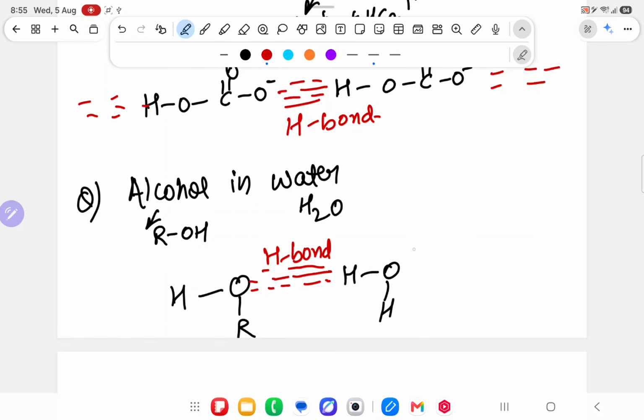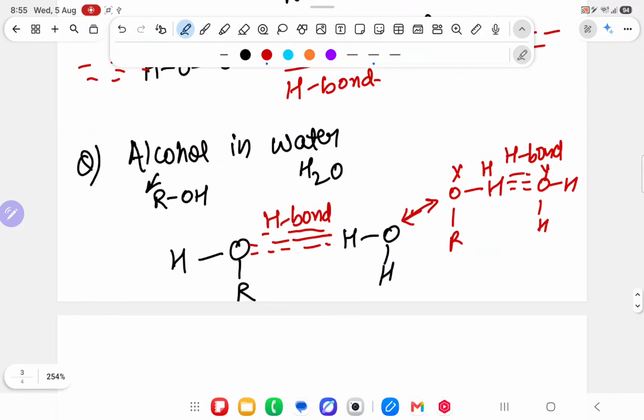This oxygen, anyone will say, sir, I want to draw like this. Draw it. H, this side you will put OR, and for water, O, this side you will put HH. This is also hydrogen bond. Rule is that X is attached with H and Y will be there, and that X will be F, O, N, fluorine, oxygen, nitrogen, and Y will be fluorine, oxygen, nitrogen.